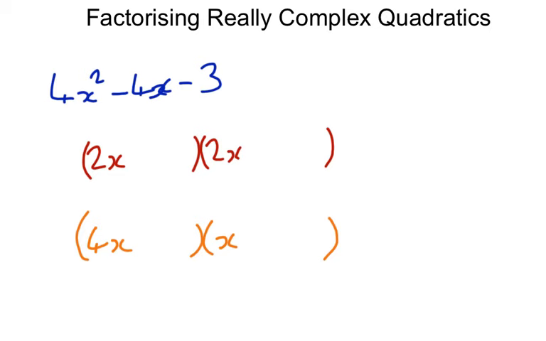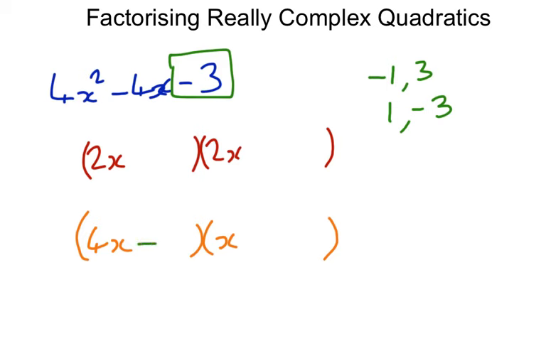We do still know that we have a minus 3 at the end, which means the two numbers must be either minus 1 and 3 or 1 and minus 3. So now we have to just try these in the different options.